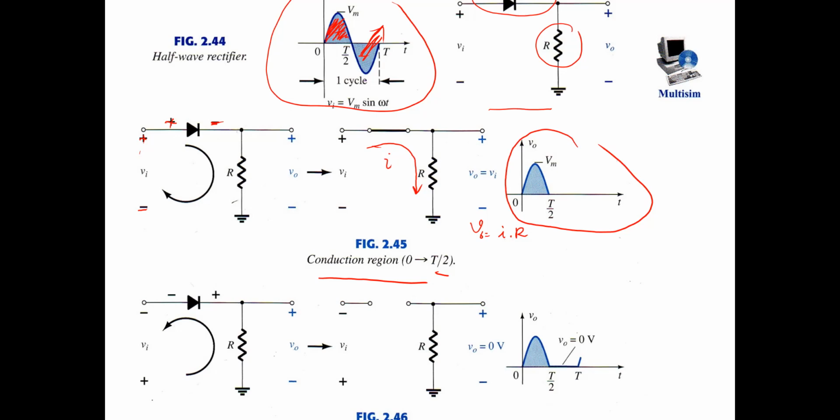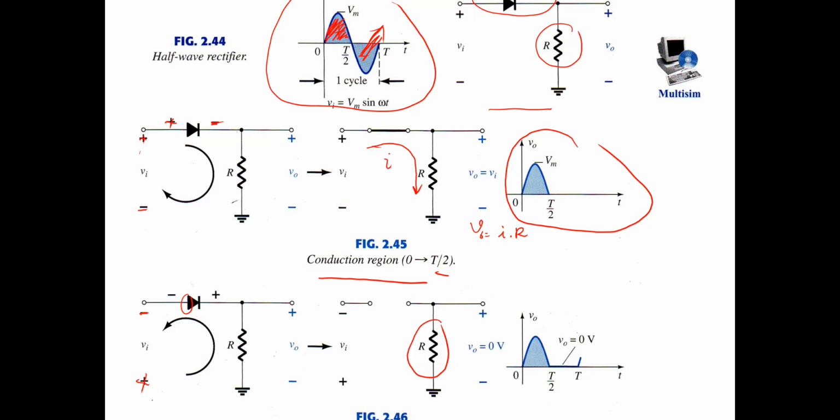In the negative cycle, the diode will be reverse bias. The negative terminal connects to the positive side of the diode, and the positive signal connects to the negative side of the diode. So the diode is reverse bias. If reverse bias, the diode will be off, there is no current, so the output voltage is also zero because no current is flowing.